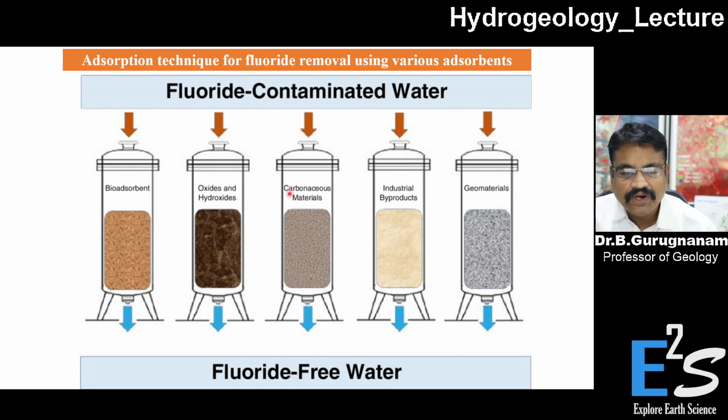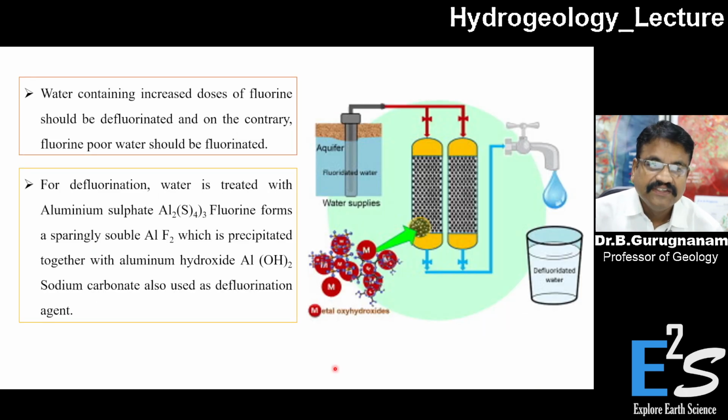If you pass the water through these, automatically the concentration of fluoride in the water will decrease. So you will get fluoride free water after the process. Water containing increased doses of fluorine should be defluorinated. And on the contrary, fluorine poor water should be fluorinated.